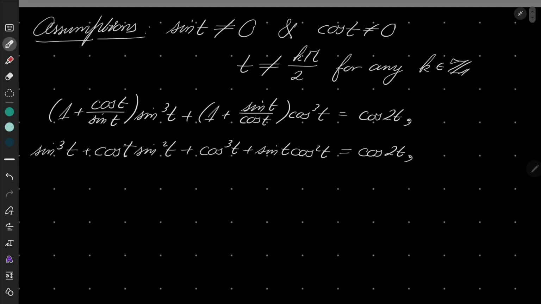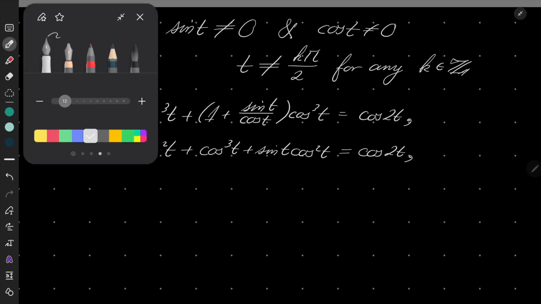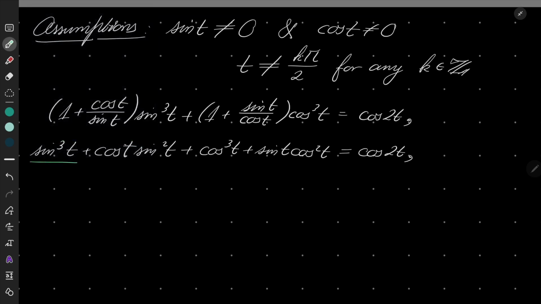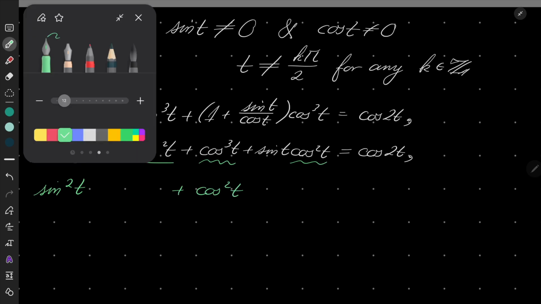And now let's do the following. Here from the first part we have sine cubed and here we have sine squared, so we can factor out sine squared. Likewise, here we have cosine cubed and cosine squared, so we can factor out cosine squared of t as well.